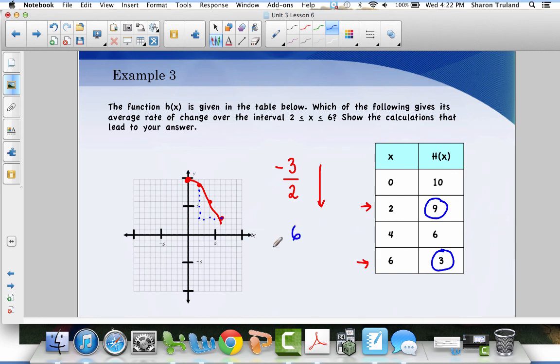Our y's changed by a value of 6 and our x's changed by a value of 4, and the negative signified that we were going down. Rate of change is how far we change along the y in terms of the x. And it's going to be very important. And we are going to do a lot of rate of change over the rest of the year.